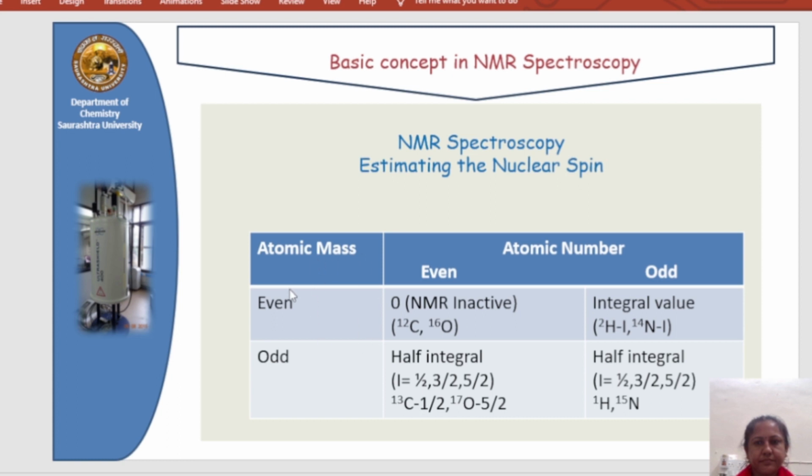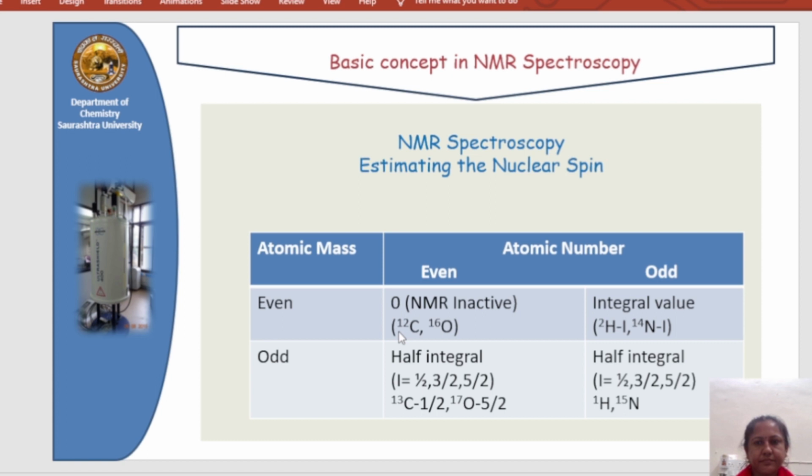If atomic mass is even and atomic number is also even, then the spin quantum number I is equal to 0, so it can be NMR inactive. For example, carbon 12, with 6 protons and 6 neutrons.